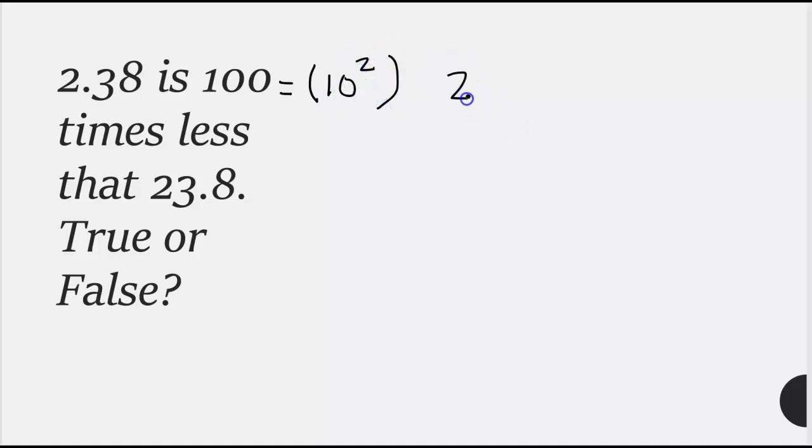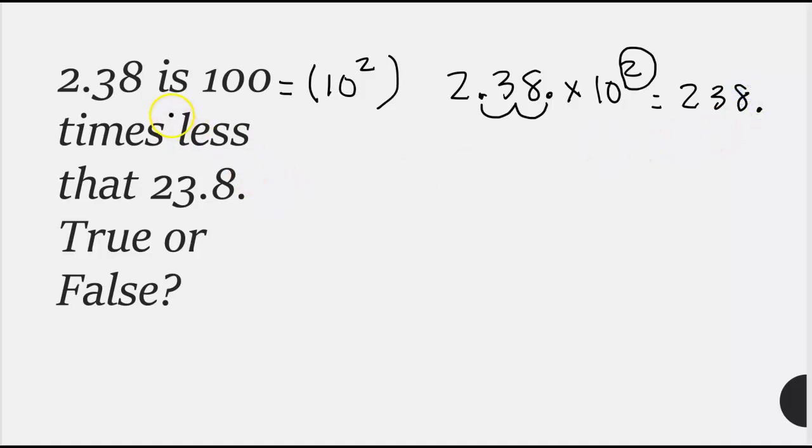So if I were to multiply 2.38 or 2 3/800 times 10 to the second power, this 2 tells me that I need to move my decimal 2 places to the right. So 1, 2. So here's my decimal. My product is 238.